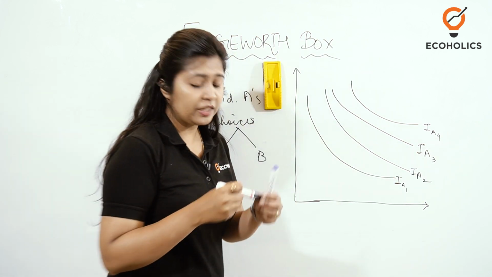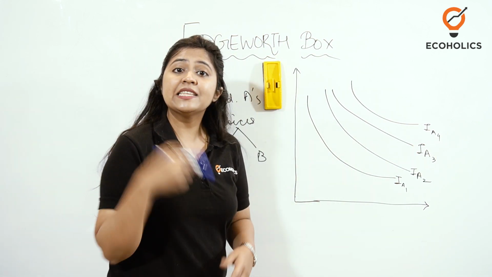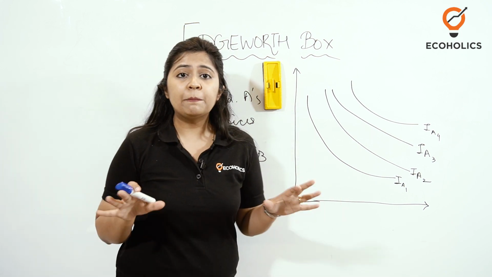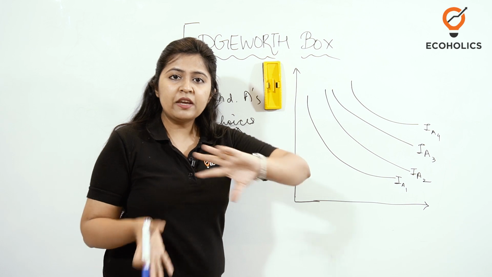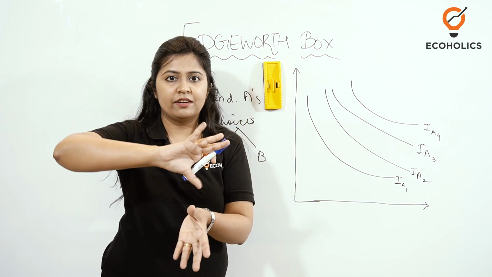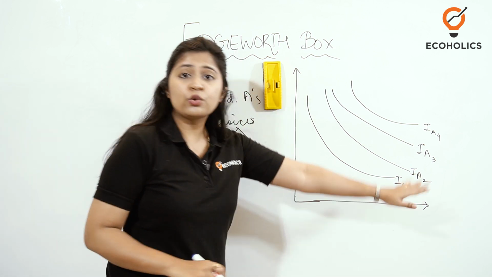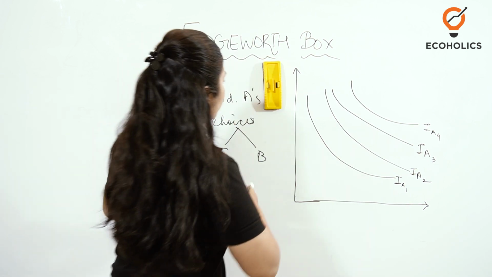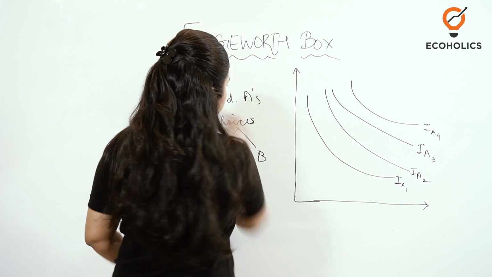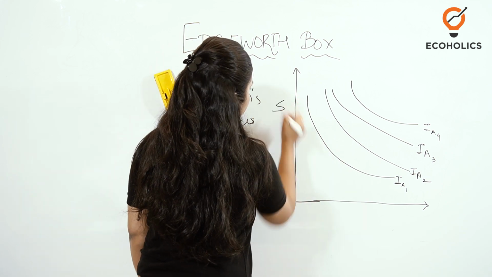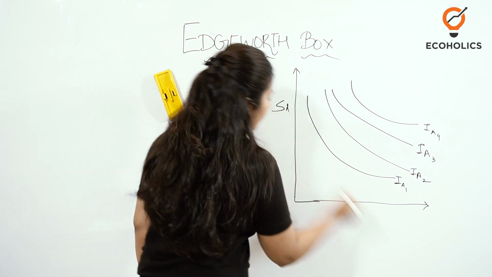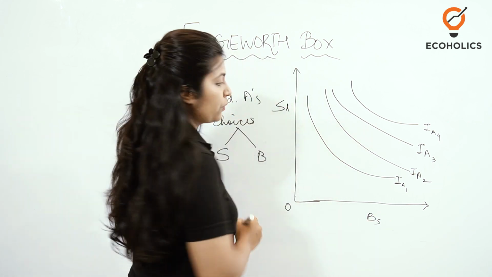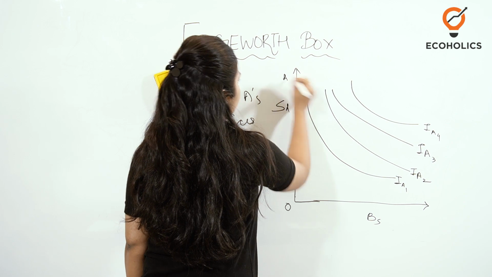Now I'm going to draw the indifference curves for the second individual B. Individual B's graph is going to be similar, but rotated by 180 degrees. Over here it is consuming some sandwiches and some burgers. This is point O, and this is for A.